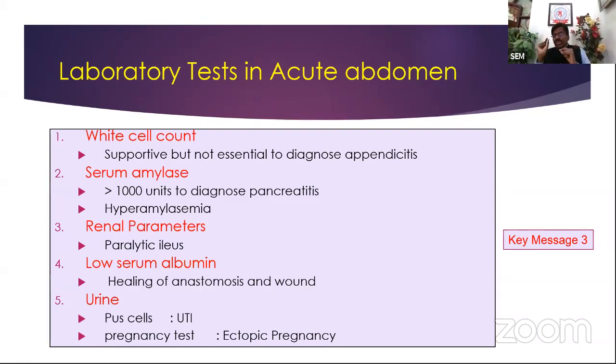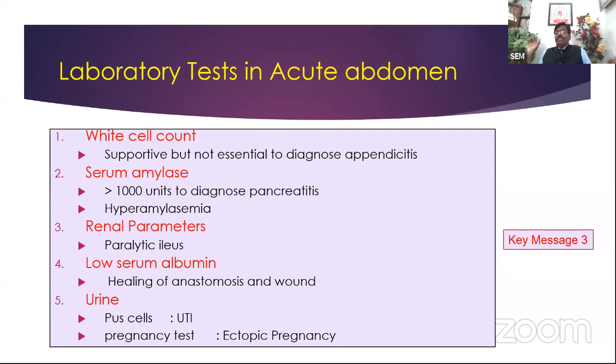White cell count is very, very important. If a patient has inflammation of any part, cholecystitis, appendicitis, they'll have neutrophilic leukocytosis. That's why it is important. Second, serum amylase is an important test to do in all acute abdomen. Amylase, acute abdomen, very important.